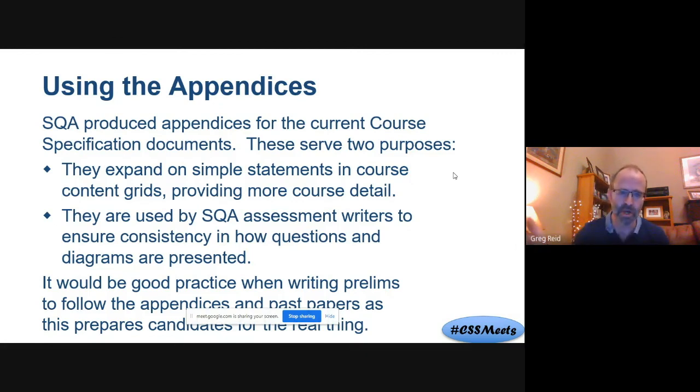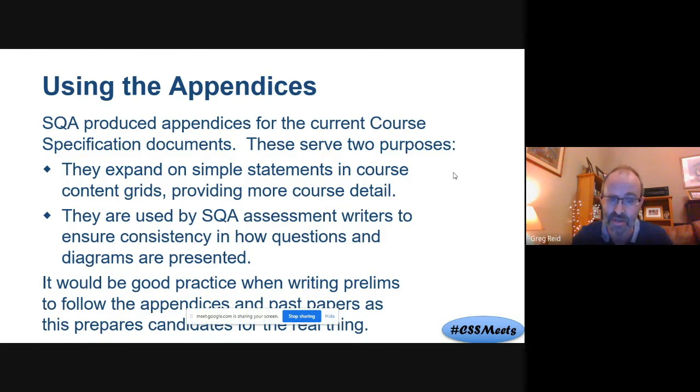So we've still got the content grid at the start of the course specification document. But if you go to the end of it, all the appendices are there to provide two things. They're supposed to provide more detail for things that we felt needed expanded on from that content grid. But they're also used by writers.